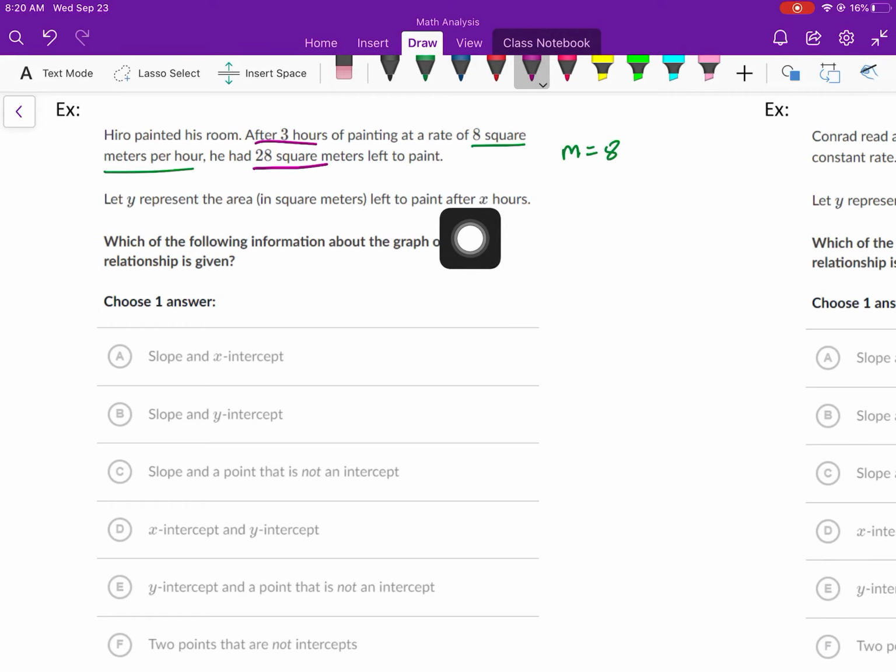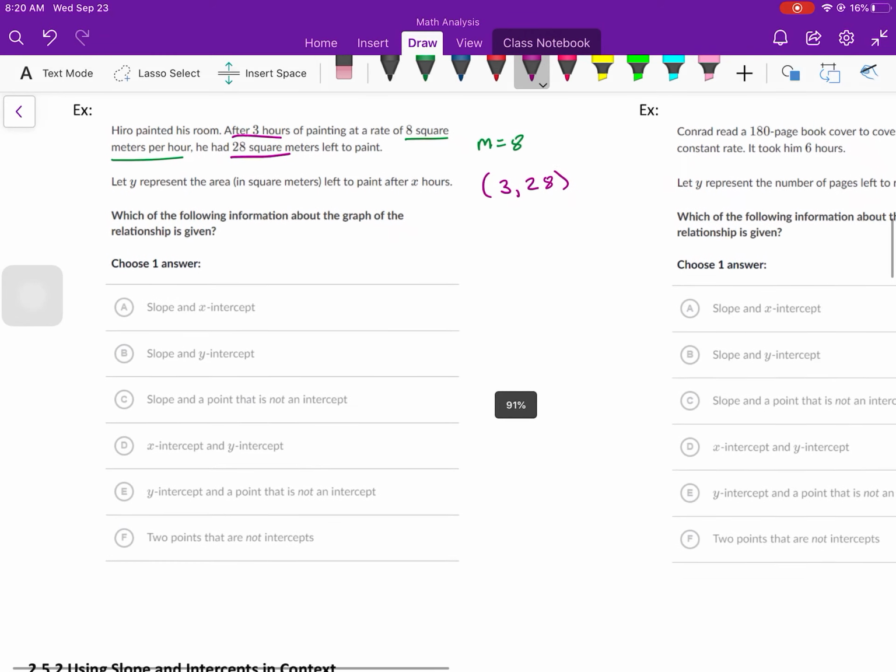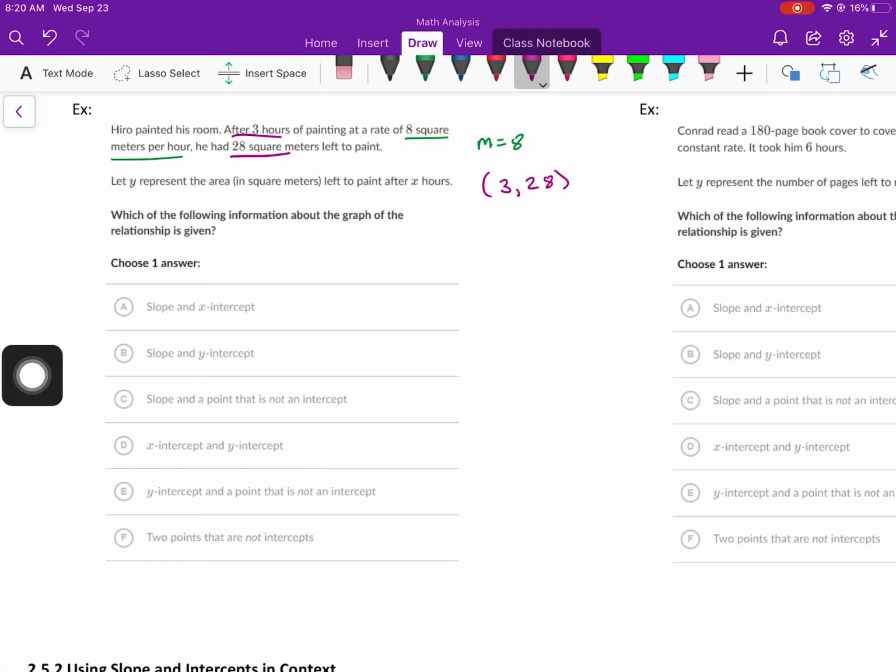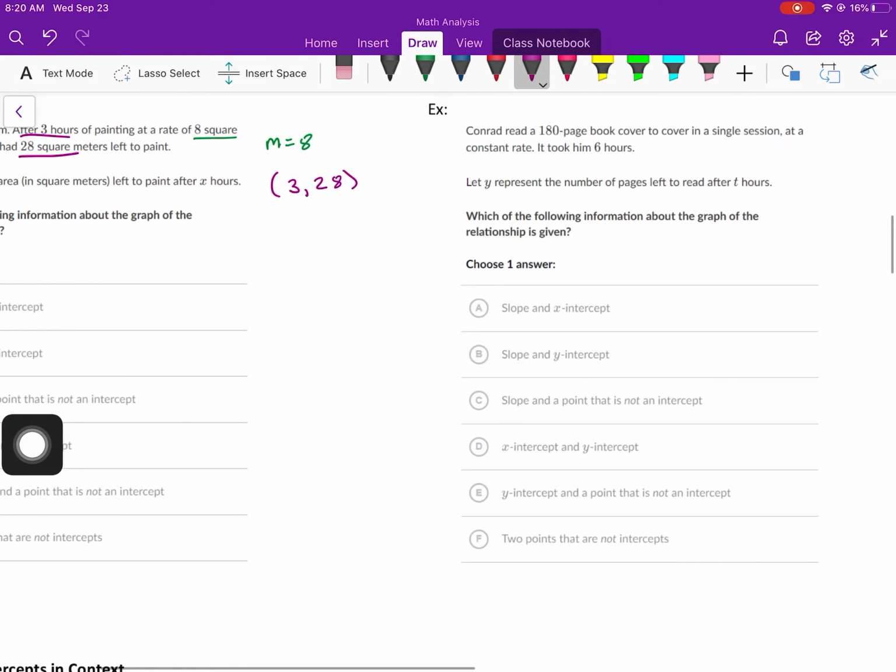So y is the area and x is the hours. So then we're given the point with 3 hours, there was still 28 left to go. So that's just a point and a slope. That's not an intercept. So we have, let's see, slope and a point that's not an intercept. There we are.